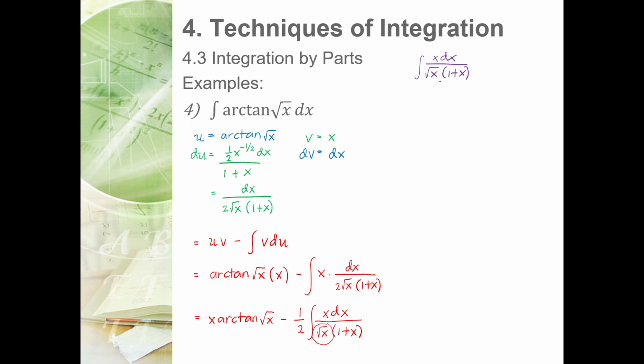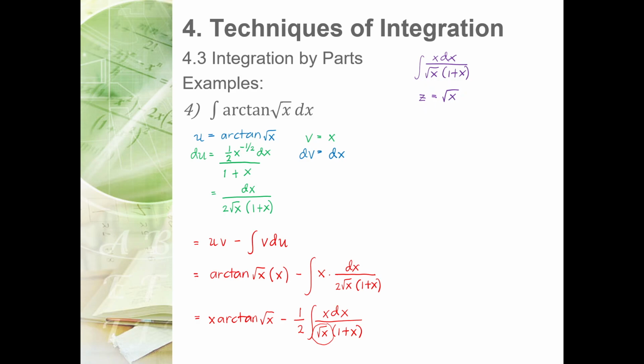Since we're going to use algebraic substitution, we let the radical function be z. So z is the square root of x.